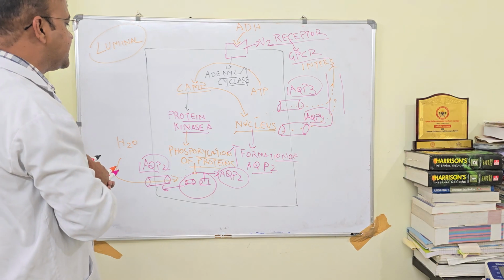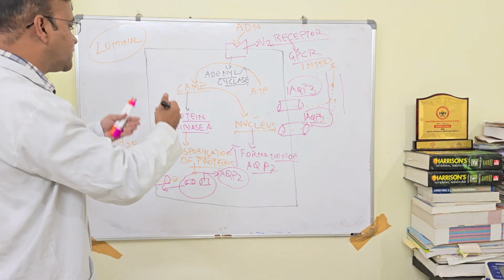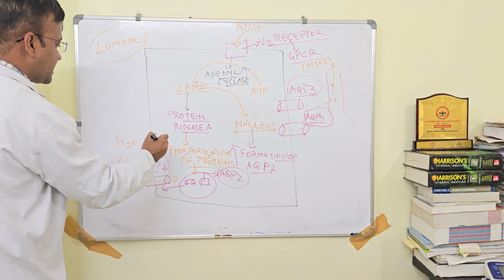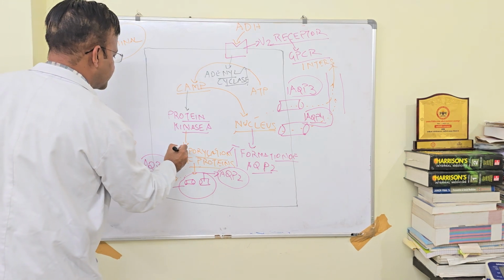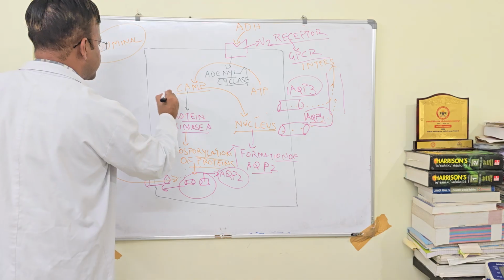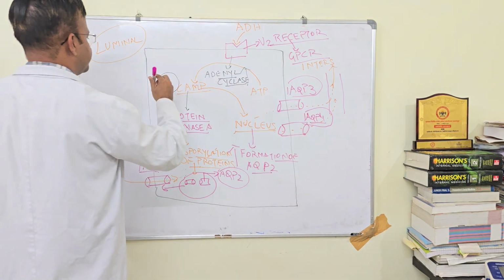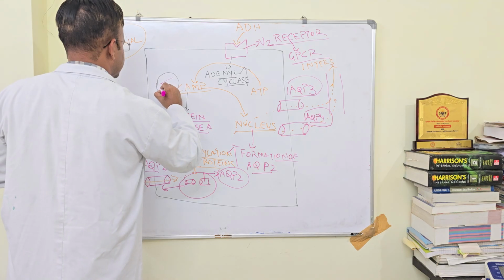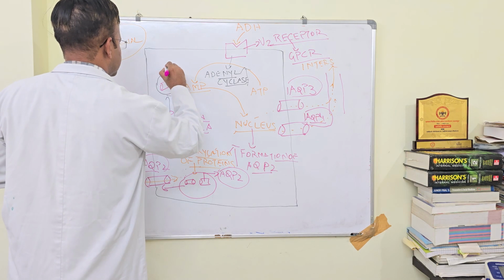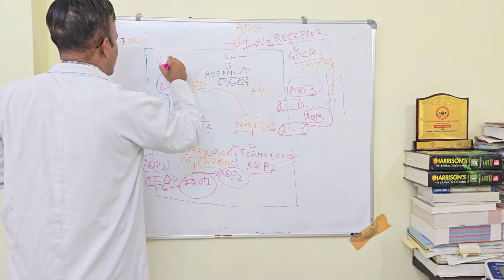But how exactly is ADH helping in the running of the urea cycle? This phosphorylation of proteins also leads to recruitment. You have got vesicles which have another channel called UTA1.